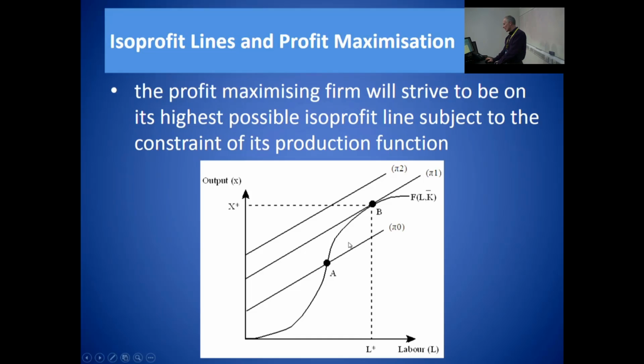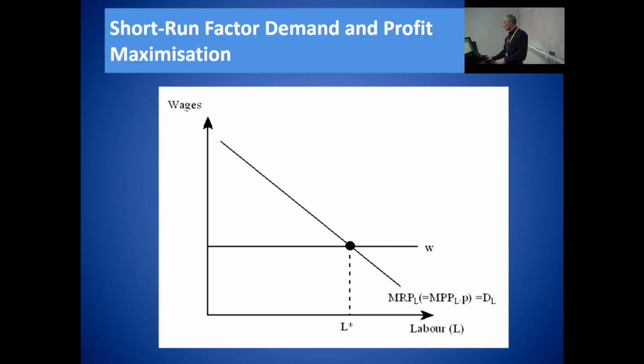But from this diagram, the only part of the schedule where we're going to get profit maximisation is where we have diminishing marginal returns. The marginal physical product of labour schedule slopes downwards. So there you go. The only relevant portion of marginal physical product is where it slopes downwards.